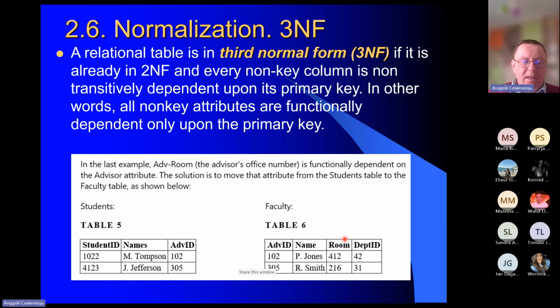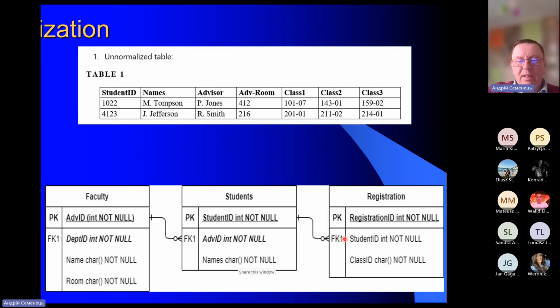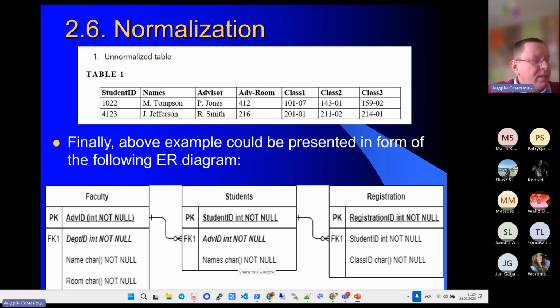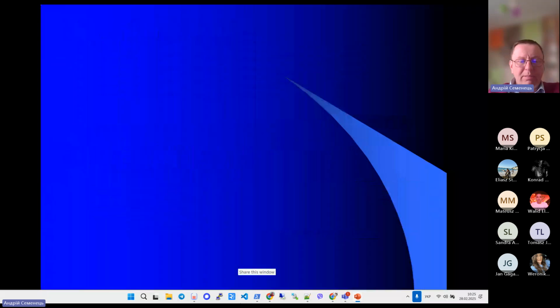So we separate again, we separate students from faculty members, from teachers, and create yet another reference. And we can come to a solution like the one at the bottom, which shows us a database table in normalized form.